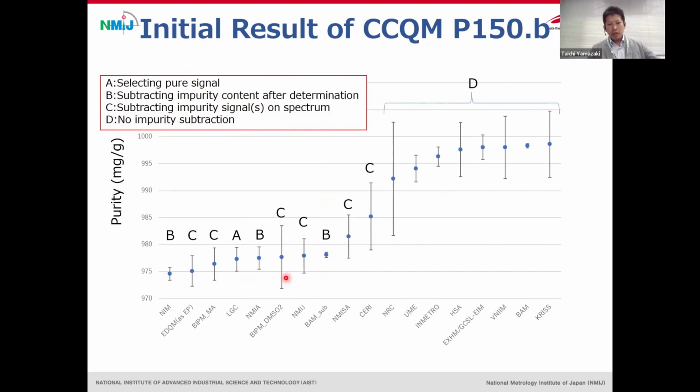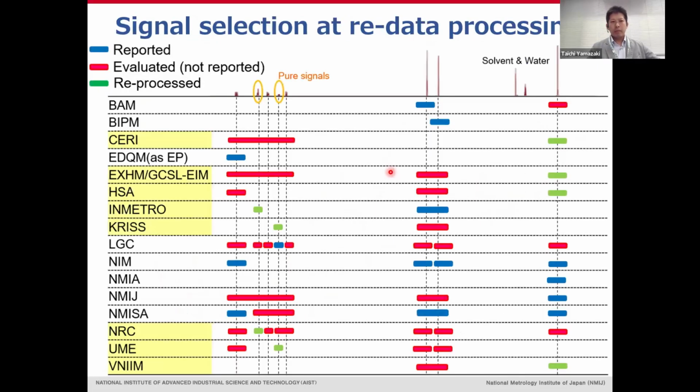As you can see, the ABC results are in good agreement between several laboratories, and those classified as D are also in agreement within the same approach. In this comparison, the sample included impurity.